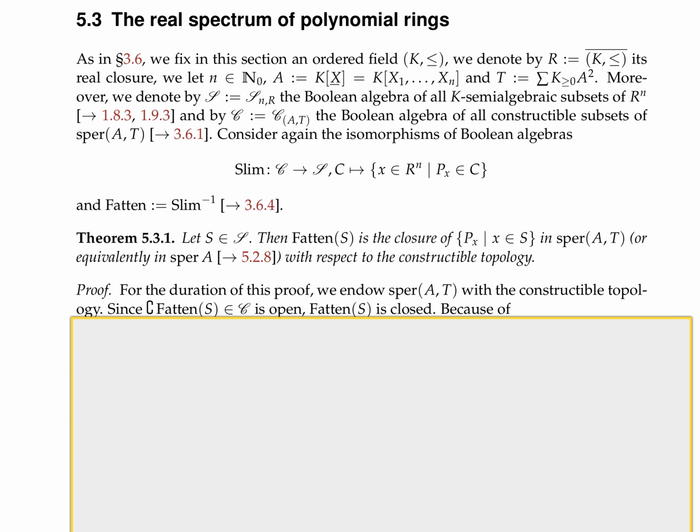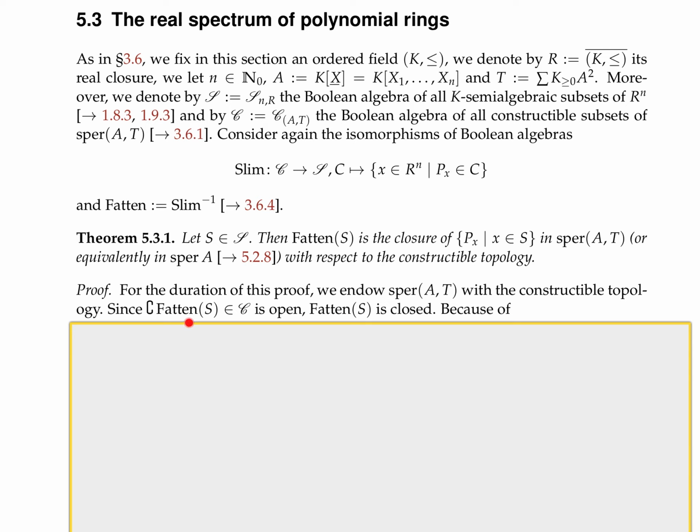Okay, so why is the statement true? Why is the fattening the closure? For the duration of this proof, we endow the real spectrum of A_T with the constructible topology. So if you don't say anything, we mean now the constructible topology, while normally we would mean the spectral topology.